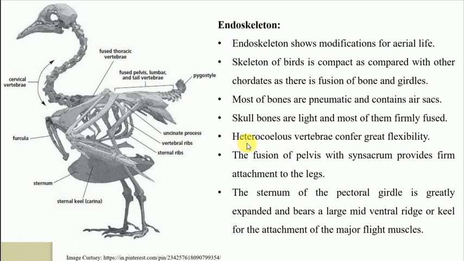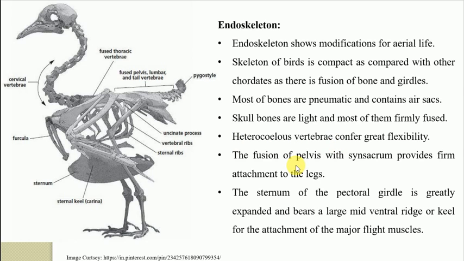If the centrum of the vertebra has one concave side and another convex side, giving a saddle shape to the centrum, such a vertebra we call a heterocoelous vertebra. Due to the presence of such heterocoelous vertebrae, it is responsible for conferring great flexibility during flight. So this also adds benefits for flight in the birds.